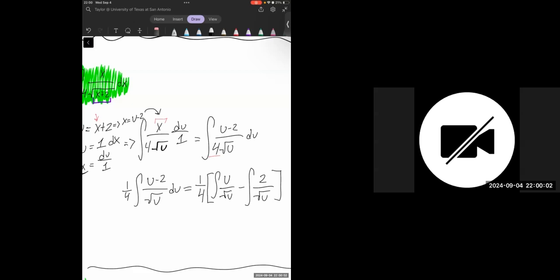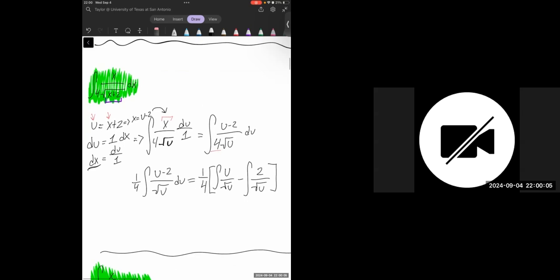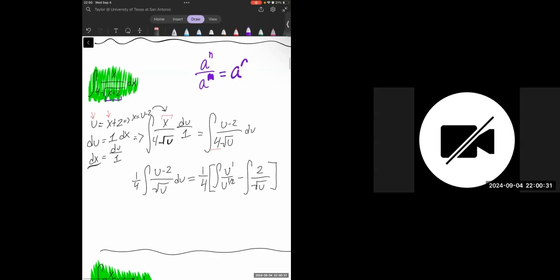Close my brackets. What I want you to notice here is, I can rewrite this as u to the 1 over u to the 1/2. And if we remember from algebra, if I have a to the n over a to the m, my new power is a to the n minus m, right?